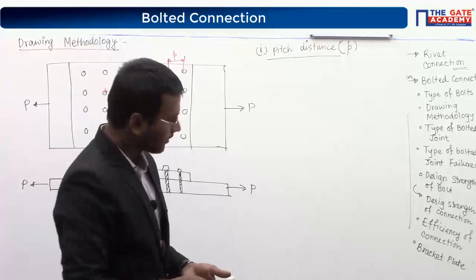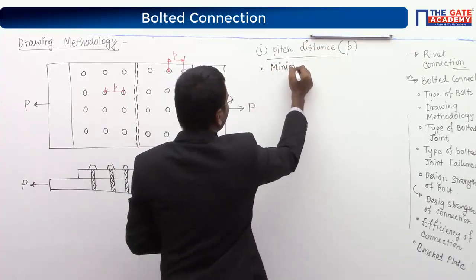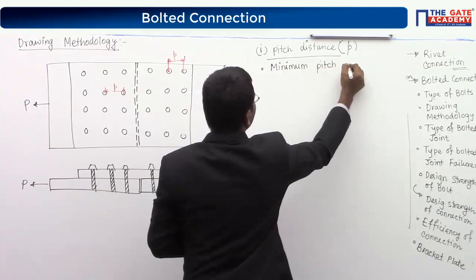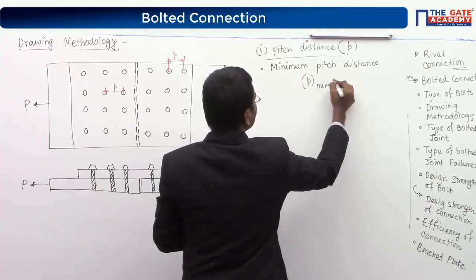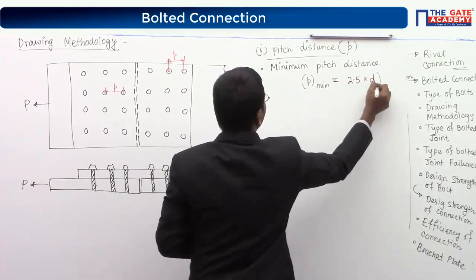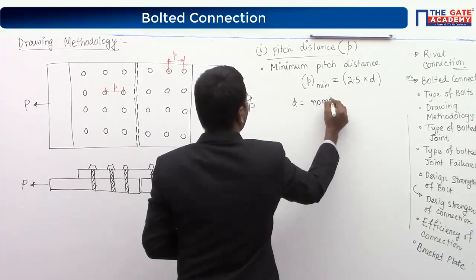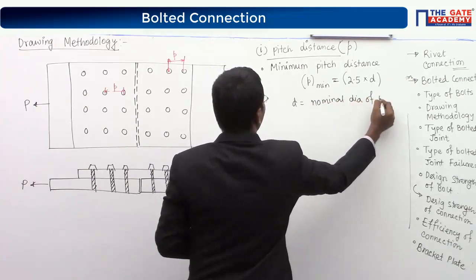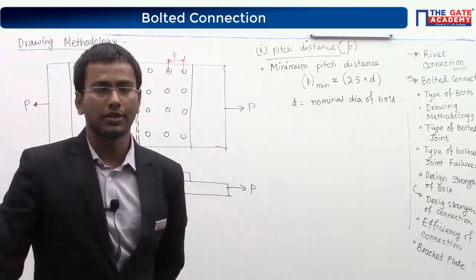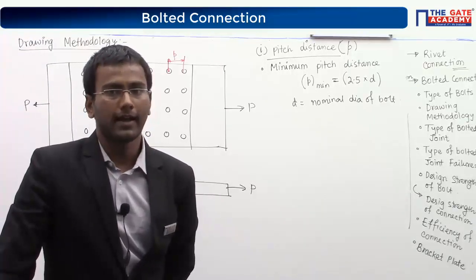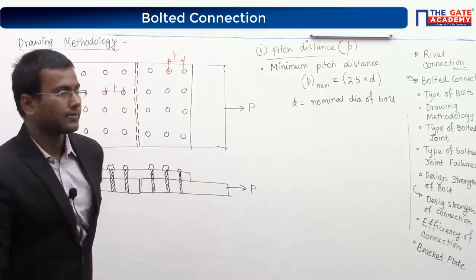So write down first point, minimum pitch distance, which is known as p minimum, equal to 2.5 d. d is nothing but the diameter, the nominal diameter of the bolt. It means not the hole diameter; it is the nominal diameter of the bolt, or shank diameter of the bolt. Alright, so this is your minimum pitch distance.